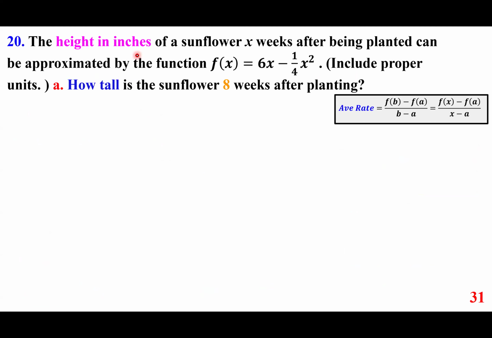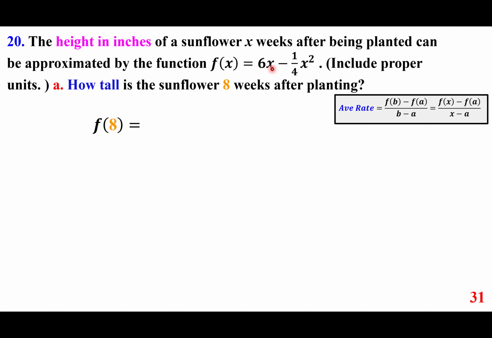The height in inches of a sunflower x weeks after being planted can be approximated by this function. How tall is the sunflower 8 weeks after planting? Just plug in. If this is the function that approximates the height after 8 weeks, I plug in 8.